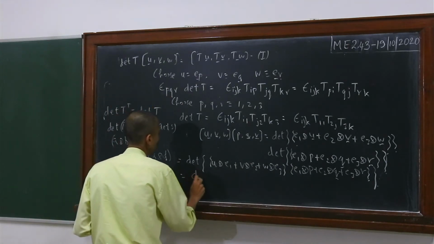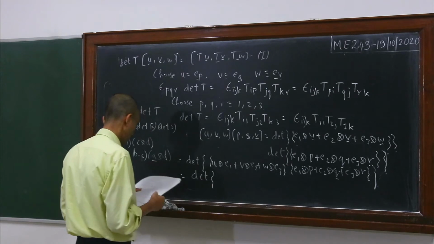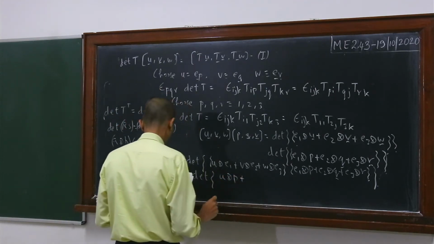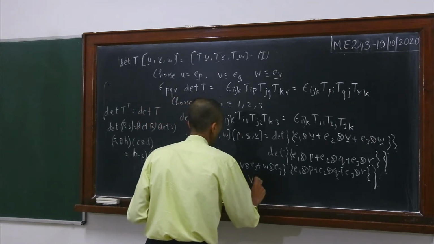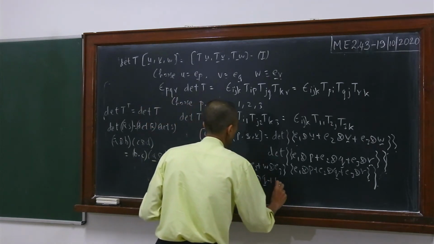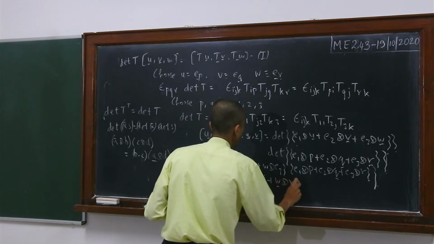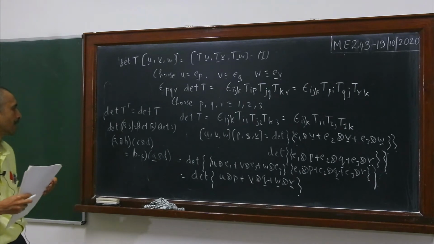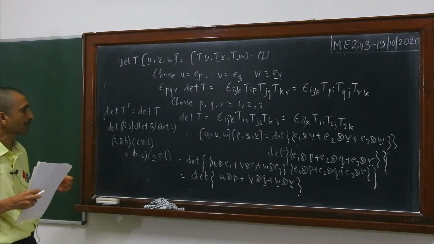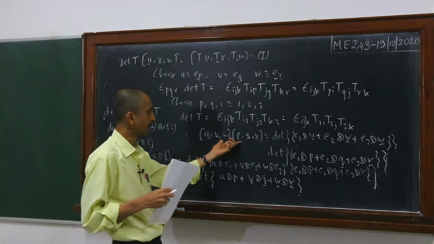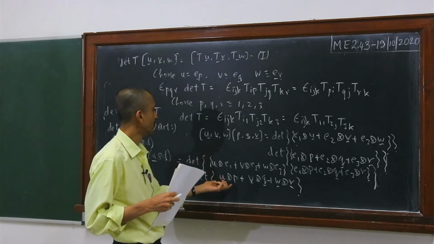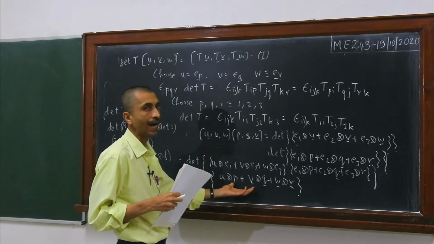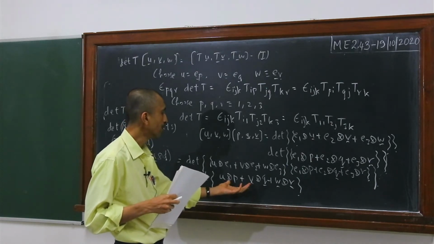So that is equal to the determinant of U dyadic P plus V dyadic Q plus W dyadic R. So this is a very nice result that links the product of two scalar triple products to the determinant of a sum formed from the dyadic products of UVW and PQR.